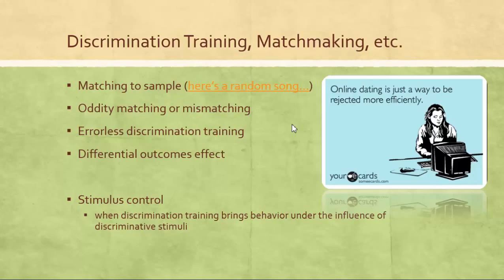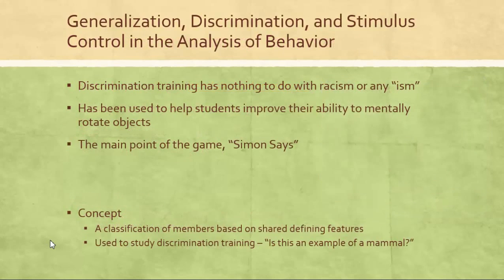Humans, when driving, are under the control of traffic lights and signs, with the stimulus control enabling us to travel more or less safely and efficiently. Discrimination training has been used to help students improve their ability to mentally rotate objects.